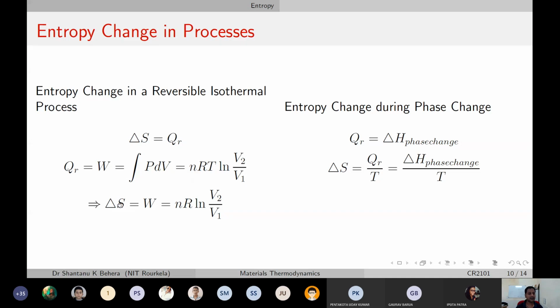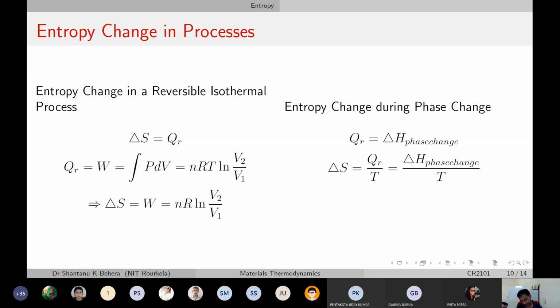Since del S is going to be QR by T, that means W by T, which is going to be nR ln V2 by V1. Here it is by T, and here the T is missing. So when W is nRT ln V2 by V1, del S for the isothermal reversible process is going to be nR ln V2 by V1. The T simply goes away.